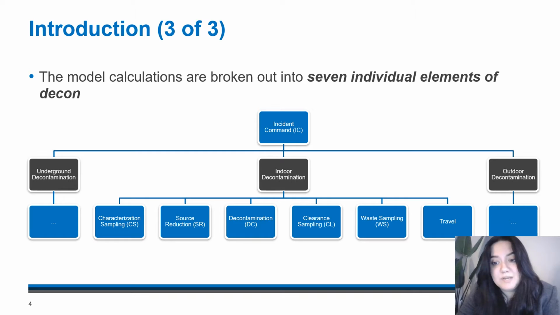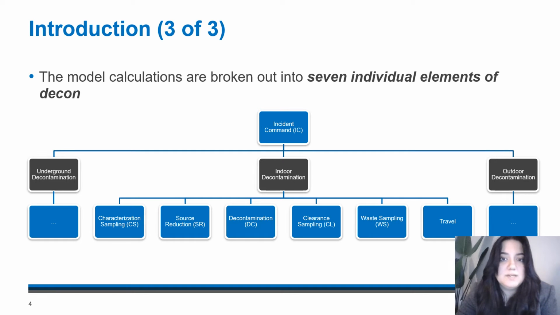And this is heavily dependent upon the decontamination method and requires decisions to be made regarding which materials require source reduction and which require decontamination. And decontamination itself is the process of neutralizing any contaminants to a given safety threshold.